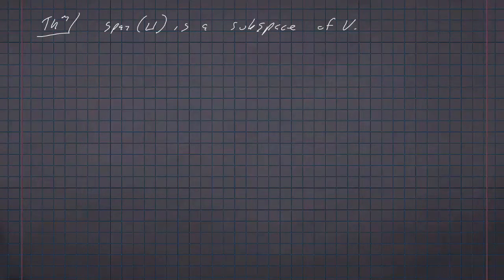I like going through those two properties on their own because they give you some sense of what we're talking about with the span of U, but the real thing we're looking at here is that the span of U is a subspace of V. We have span of U is a subset of V. We have span of U is non-empty.